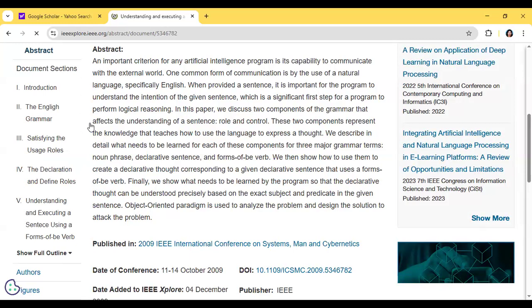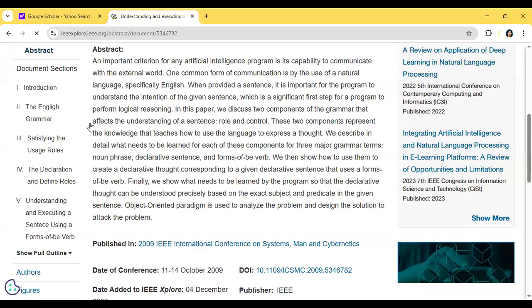When provided a sentence, it is important for the program to understand the intention of the given sentence. So they are talking about AI, artificial intelligence, in using be verbs. We'll see how they have used them.